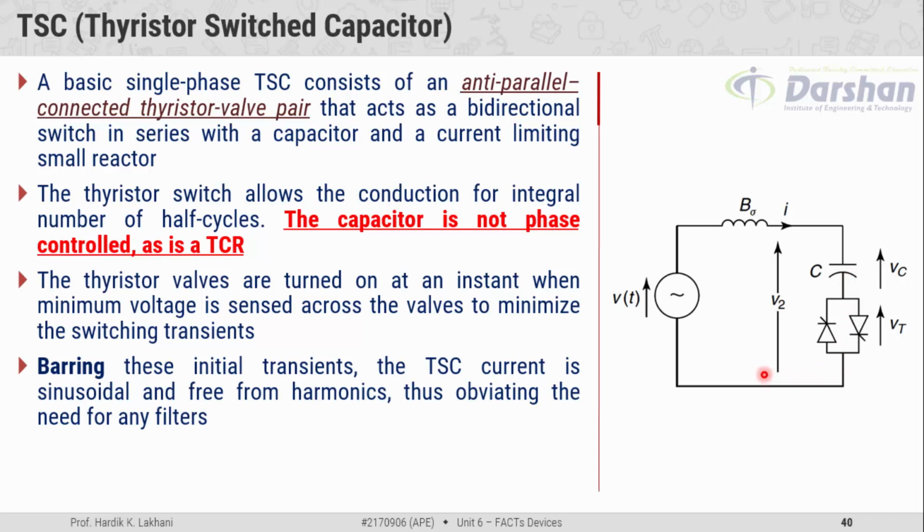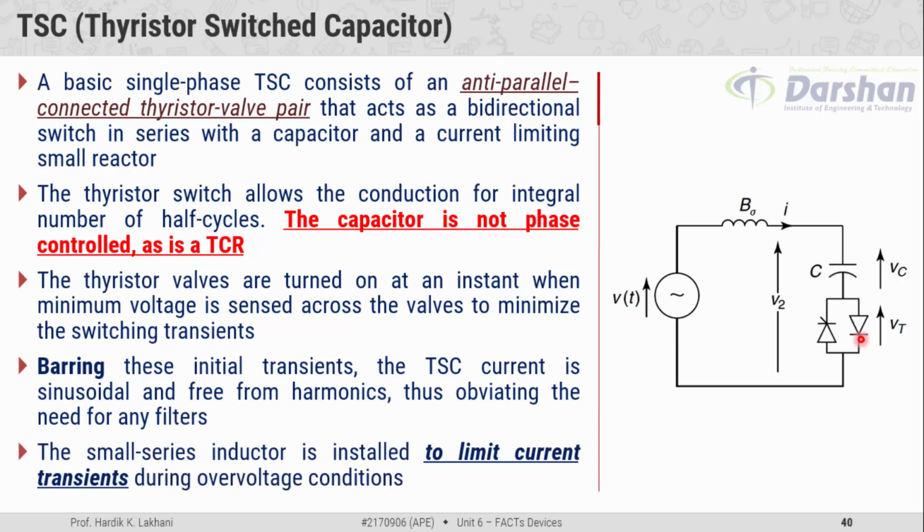So the current is obviously sinusoidal in nature and free from harmonics. And when this antiparallel connected thyristor pair is completely off, which means an open circuit element, there is no current flow through the branch. If current is not present, then there is no question of harmonics. So in the case of TSC, there is no need of a filter.